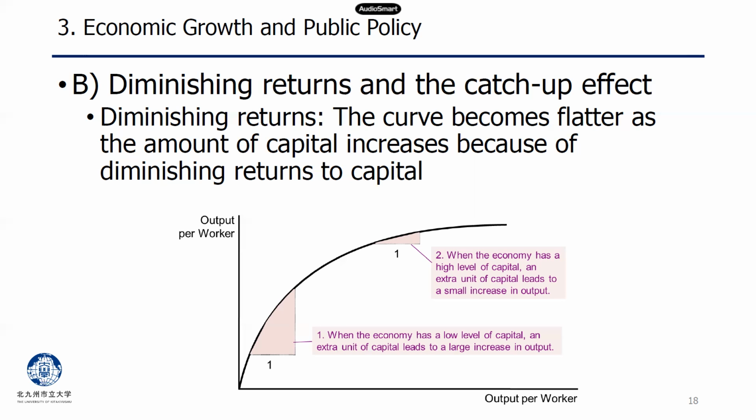Having one part-time worker is efficient. Having two part-time workers, probably efficient. 3 workers, 4, 5, 6, 7, 8, 9 workers, that's less efficient. So each person will bring smaller productivity. And that's called the diminishing returns, right? Having more and more workers will bring less and less returns.